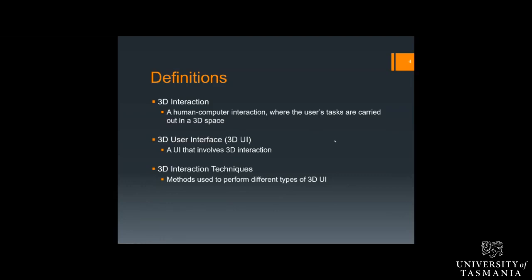Once you have that, the last step here is 3D interaction techniques. What exact technique do you use to create a user interface? So hopefully this makes sense. Start with the 3D interaction general definitions, then go to what is the user interface you're looking to create, and then the specific techniques.